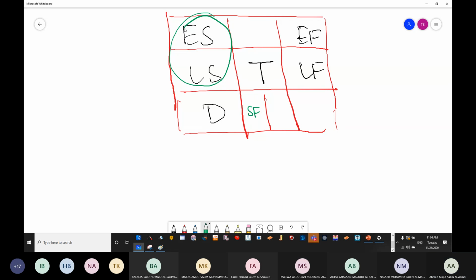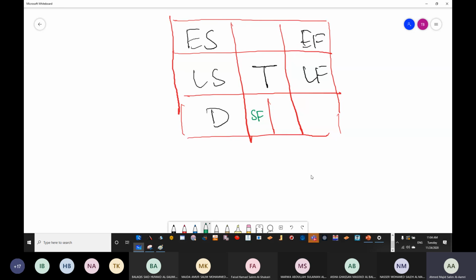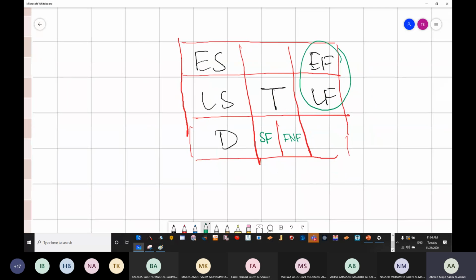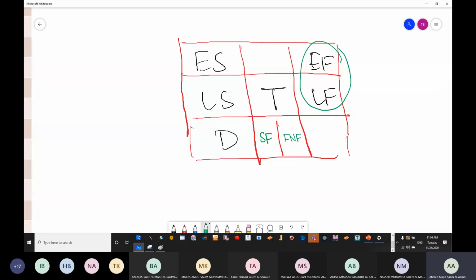Then we have something else called finish float. Once again, this is going to be the difference between late finish and early finish.